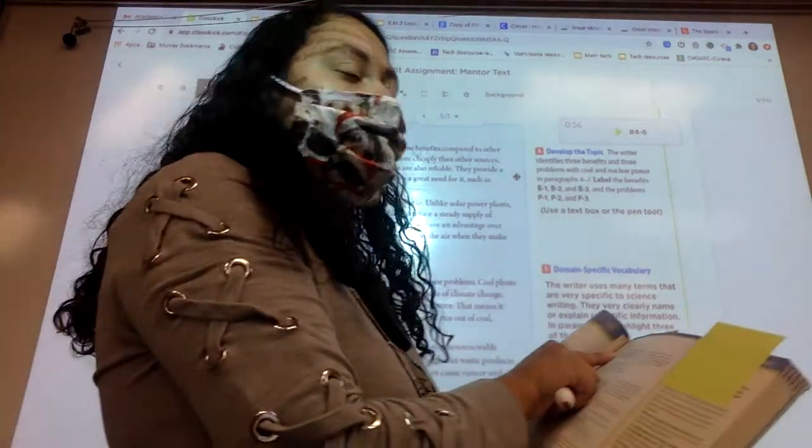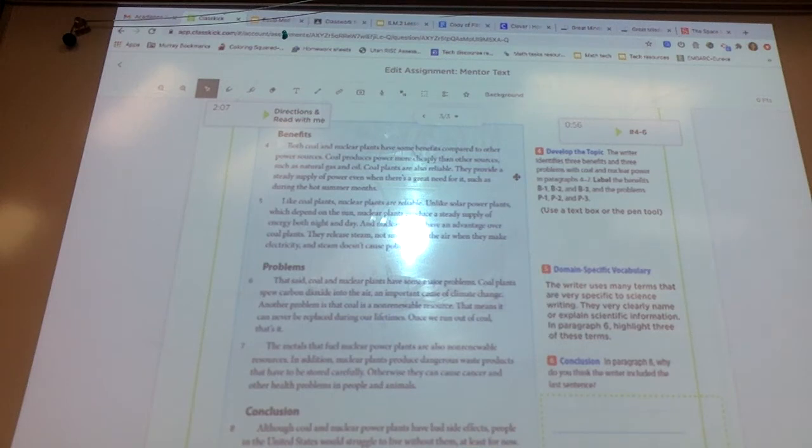So both coal and nuclear plants have some benefits compared to other power sources. Coal produces power more cheaply than other sources, such as natural gas and oil. Coal plants are also reliable. They provide a steady supply of power even when there's a great need for it, such as during the hot summer months. Like coal plants, nuclear plants are reliable.